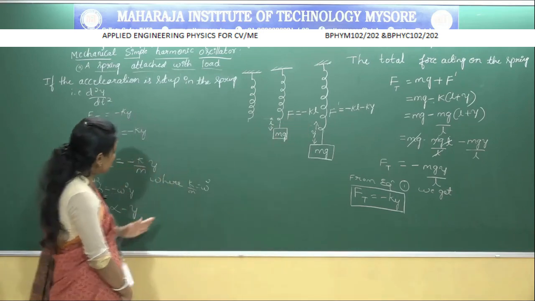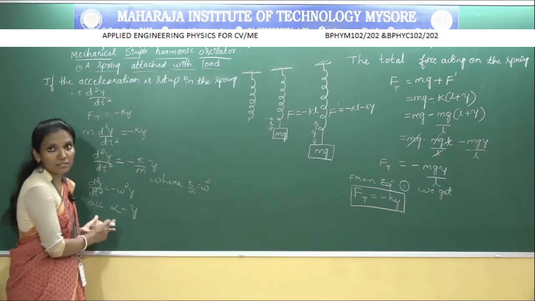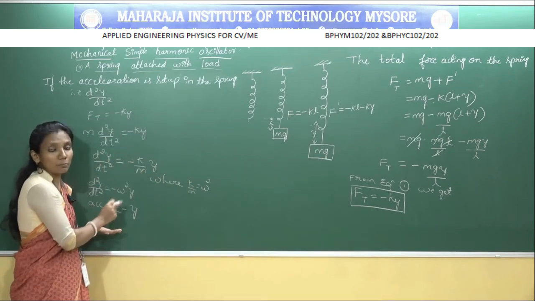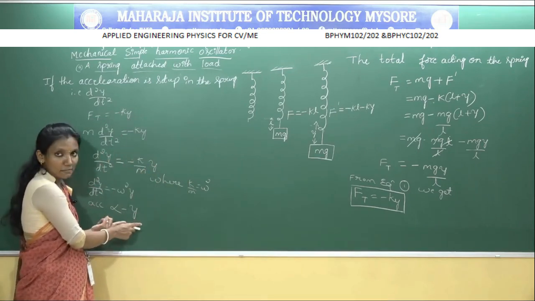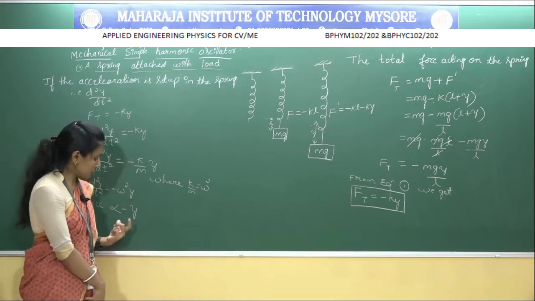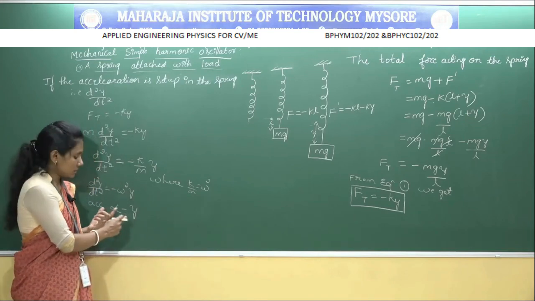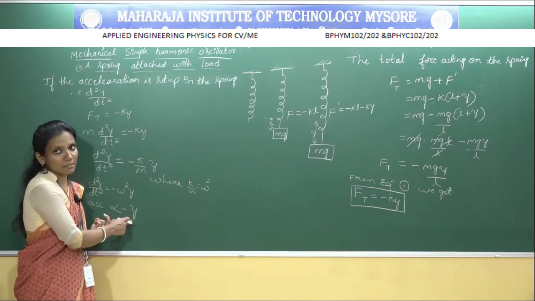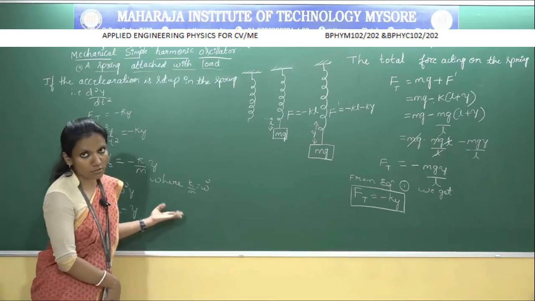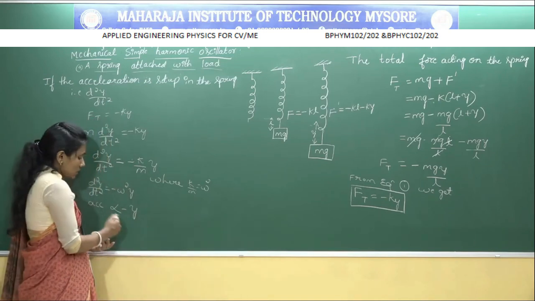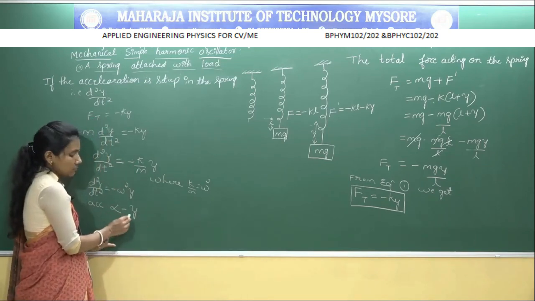That is what we have now proved. The acceleration is directly proportional to the displacement, but in the opposite direction. This negative sign indicates that the acceleration is in the opposite direction to the displacement. Suppose the displacement is positive, then the acceleration will be negative, and vice versa.